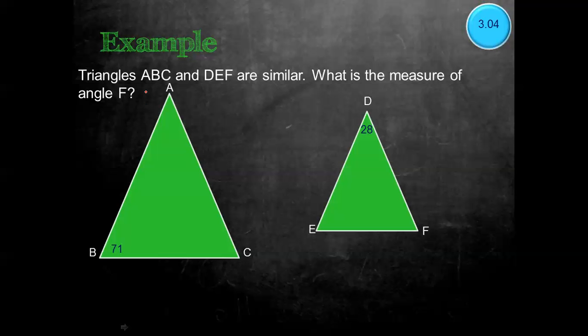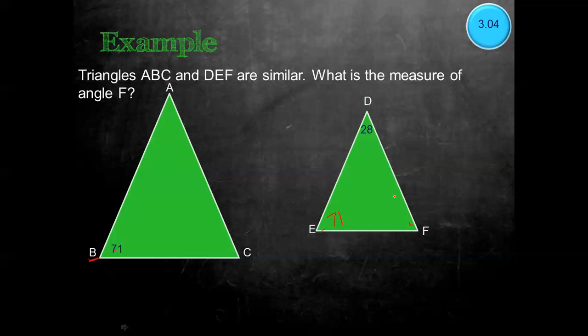So for example here, given that triangle ABC and DEF are similar, I want to know what is the measure of angle F, okay? So here, D is 28, all right? We don't know what E or F is, right? We want to solve for F. Now, if we look over here, we're given B, which is 71, so we know that E equals 71 as well.